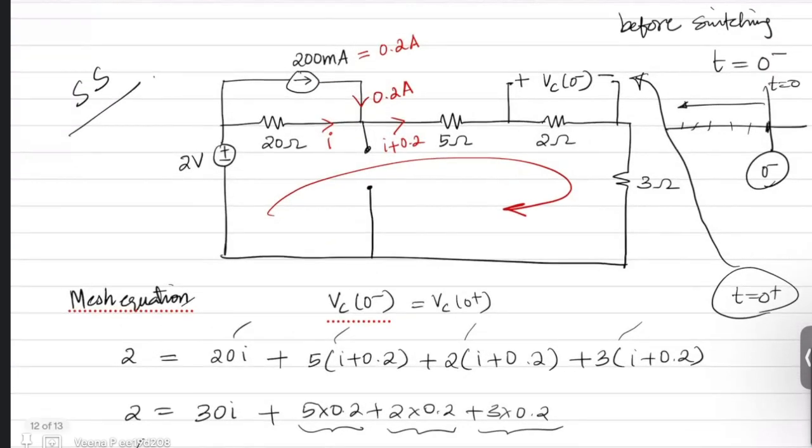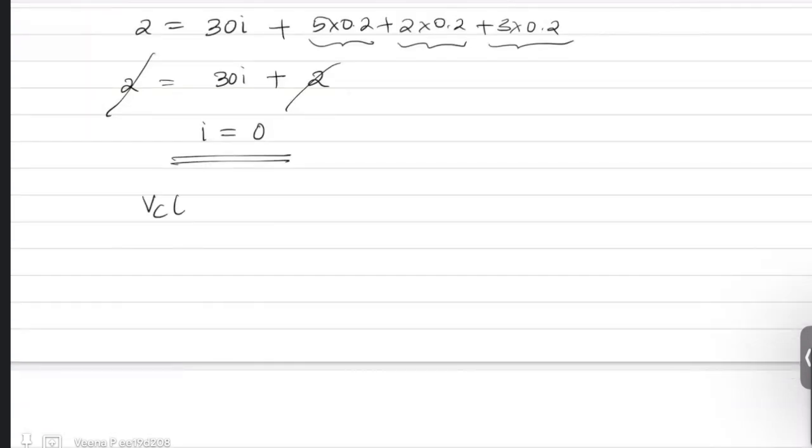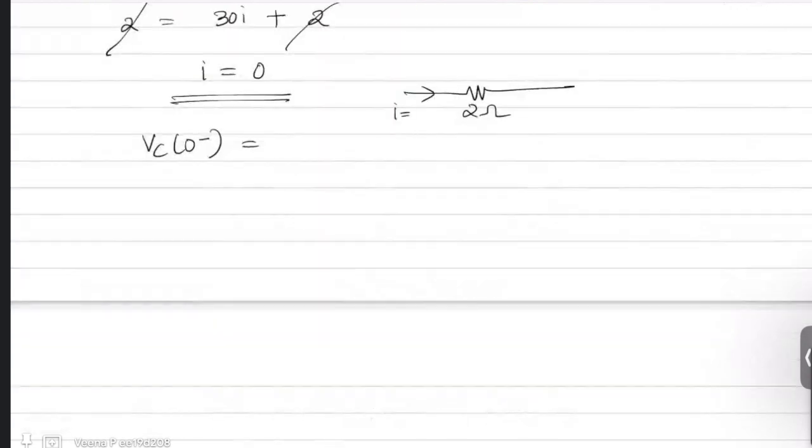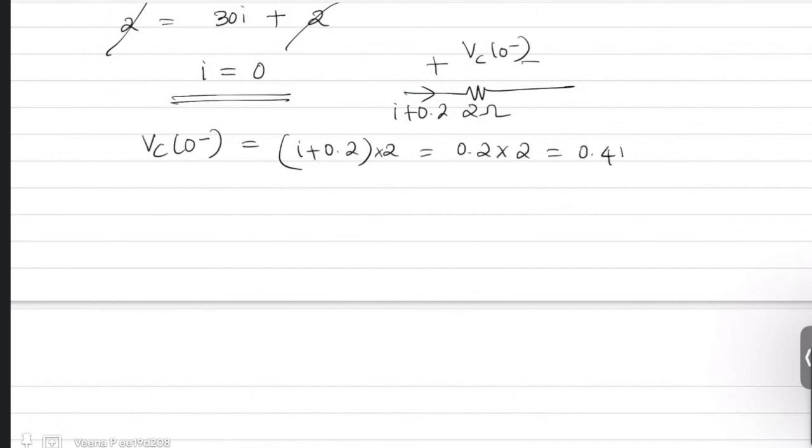That means Vc of 0 minus is the voltage drop across your 2 ohm resistor. In this 2 ohm resistor, the current is I plus 0.2. Now this is your Vc of 0 minus. So this Vc of 0 minus is nothing but (I plus 0.2) times 2. I is 0, so it is nothing but 0.2 times 2, which is 0.4 volts.